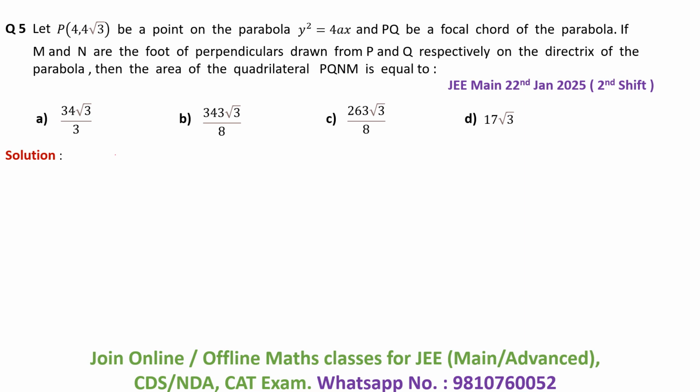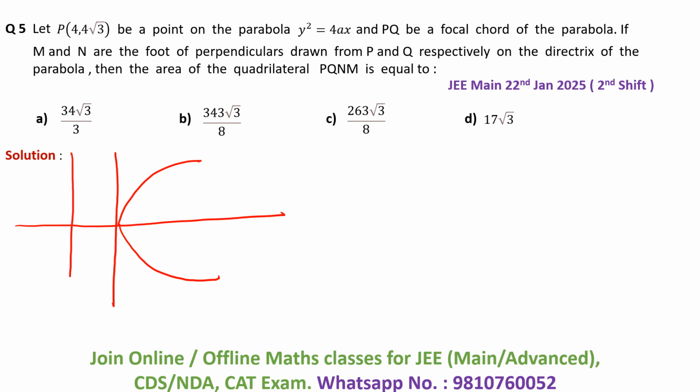Now we know that the equation of the directrix of the parabola y² = 4ax is x = -a, right? Now suppose this is the parabola and this is its directrix x = -a.